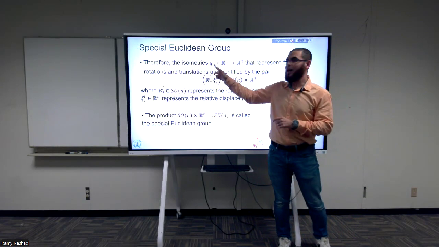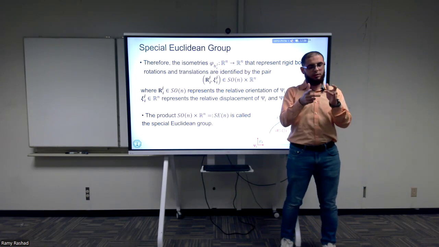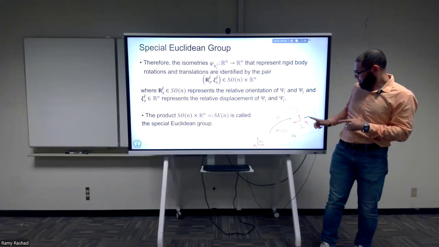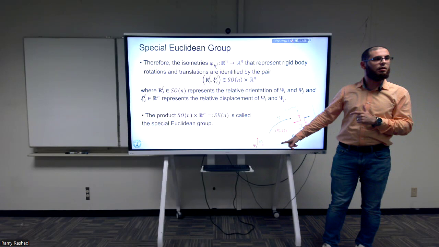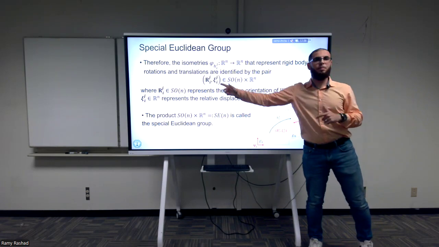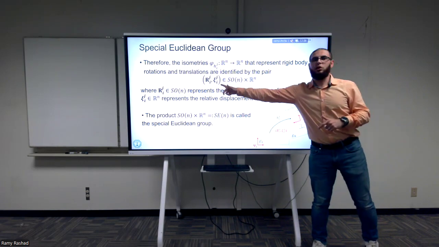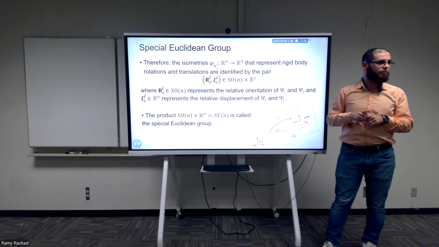If this isometry was describing the relative pose between some Euclidean space I and some Euclidean space J, then the rotation matrix would represent the relative orientation between this frame and that frame, and this translation would represent the relative displacement between these two frames.